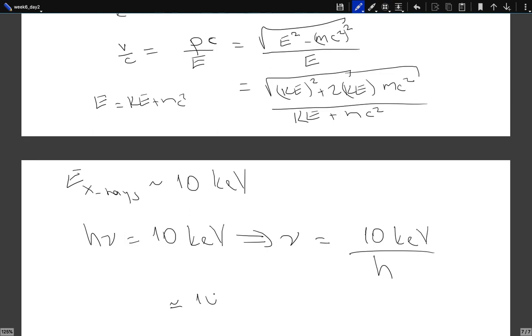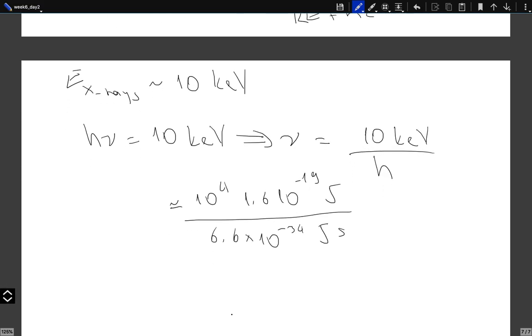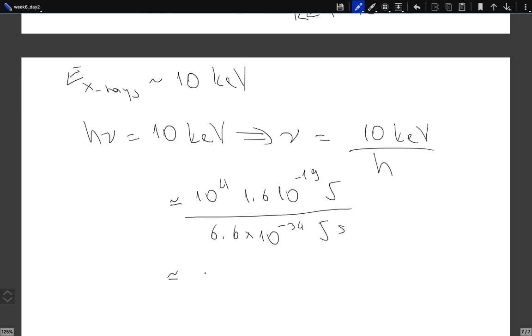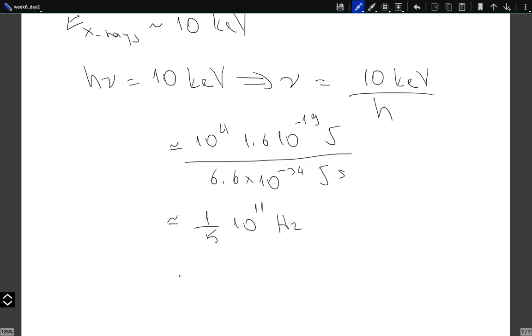Well, this is approximately 10 to the 4 times 1.6 times 10 to the power minus 19 joules, divided by Planck's constant, 6.6 times 10 to the power minus 34 joule seconds. So this is approximately 1 over 5 times 10 to the power 11 hertz. Or let's say approximately 10 to the power 10 hertz.